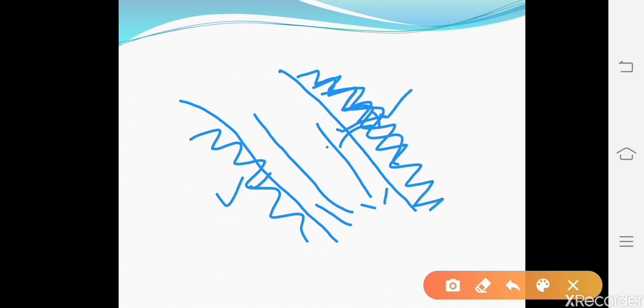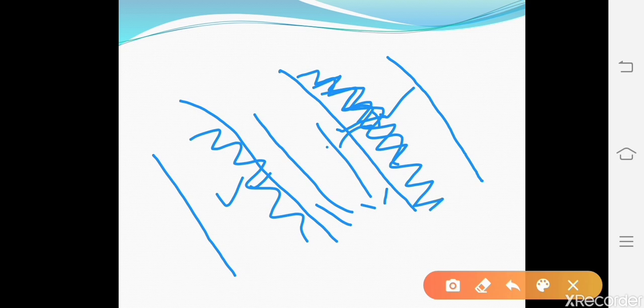Every year when the floods come or the river rises, the river deposits material here. And Bhangar is basically the old alluvium, deposited years and years back. It has more kankar nodules, not much fine particle. So this is the major difference between Khadar and Bhangar.